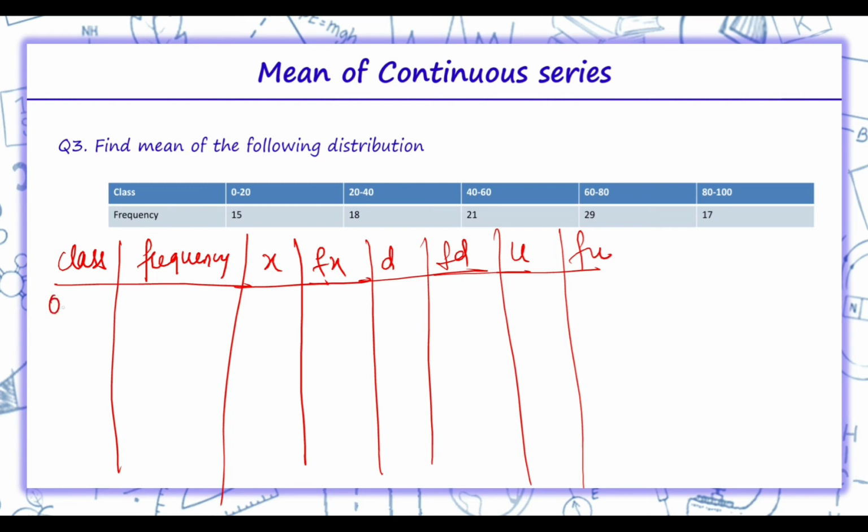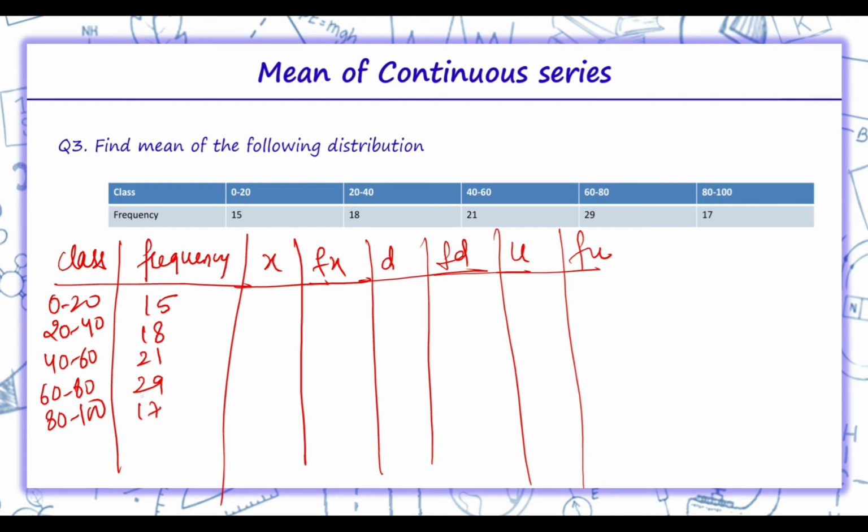Now the class interval is given to us: 0 to 20, 20 to 40, 40 to 60, 60 to 80, 80 to 100. And the frequency given to us is 15, 18, 21, 29, 17.